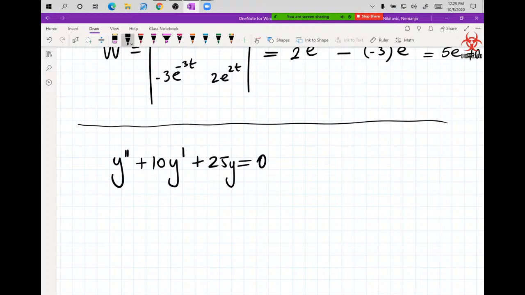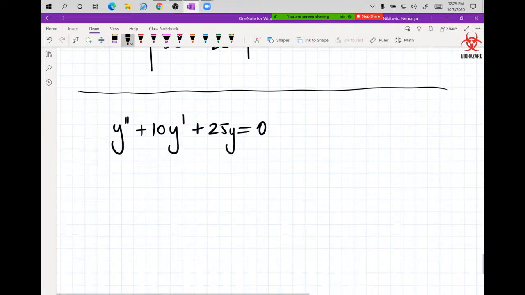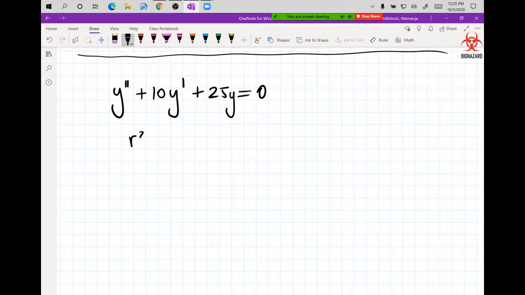So here is the equation that is going to have two solutions that are dependent, and then we have to perform some witchcraft to actually get the solution. So in this particular situation, when you do your r squared, well, actually, you know what?